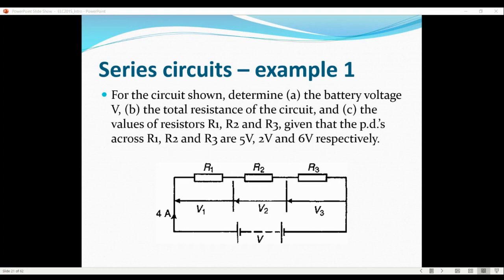You've got the total current, you've got the total voltage. Let's see who's still sharp here.